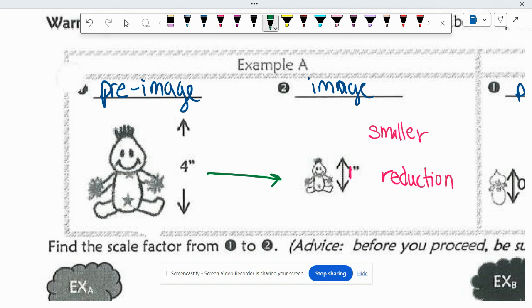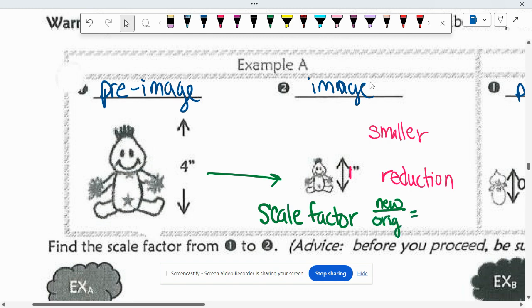And when you want to figure out the scale of the reduction, the scale factor, you take the new over the original. So the new measurement is 1 over the original measurement, which is 4. So that just means that we dilated that object by a scale factor of 1 over 4.